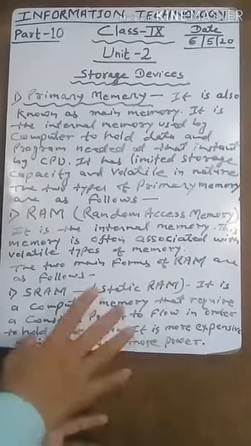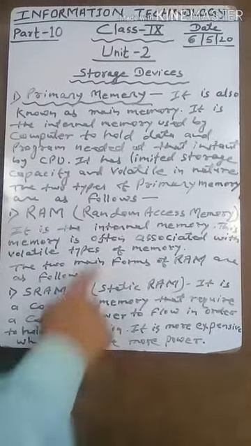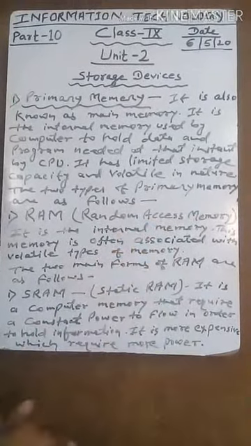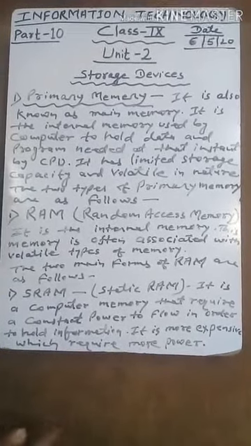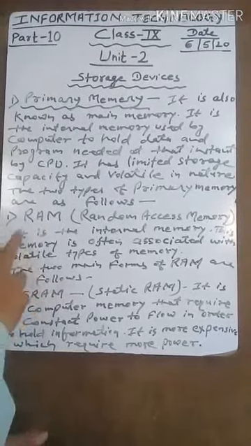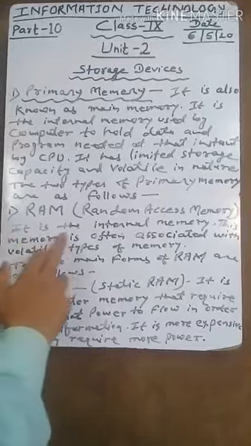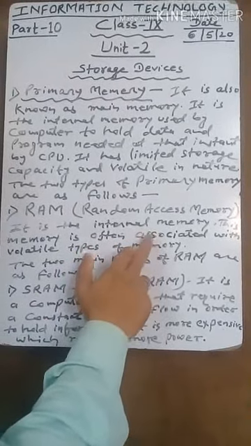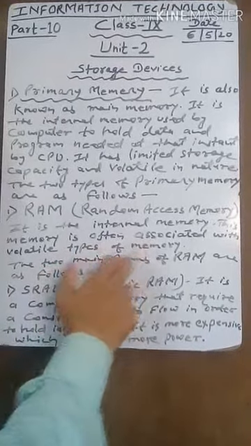Now we discuss RAM, random access memory. Random access memory is the full name of RAM. It is the internal memory. This memory is often associated with volatile types of memory.